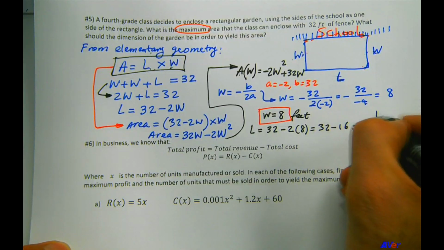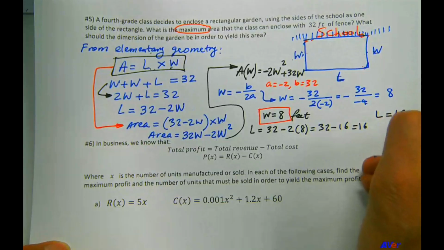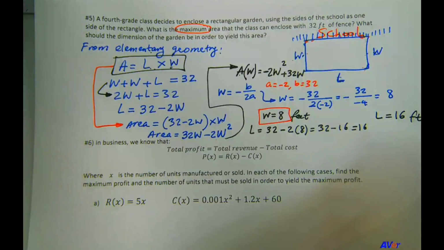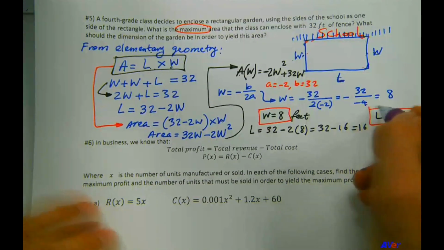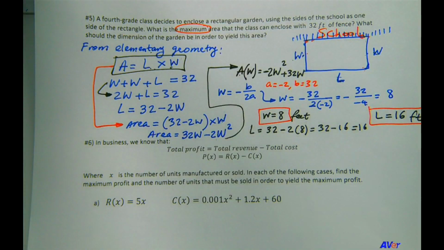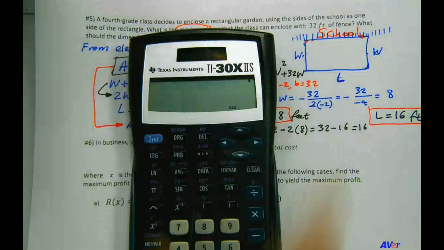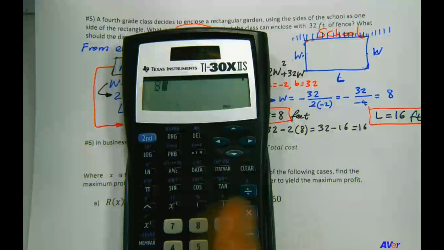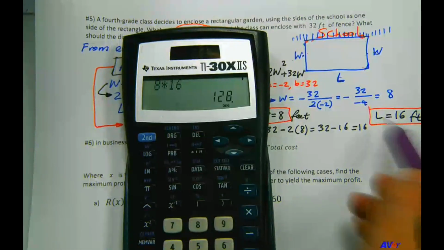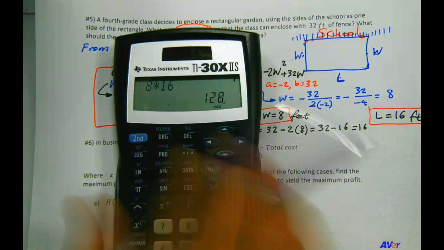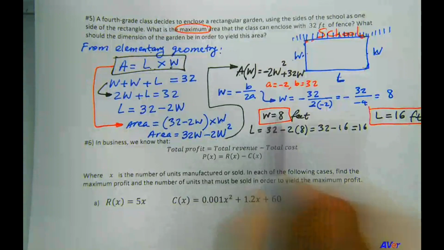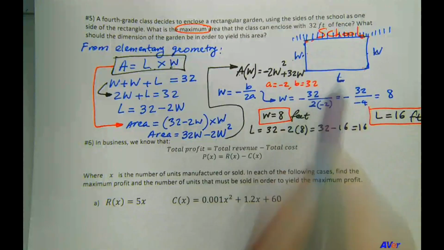So the length should be equal to 16 feet. So 8 times 16, which is 128, I think. Yeah, 128 square feet would be the maximum area given this fencing. These are the dimensions of W and L.